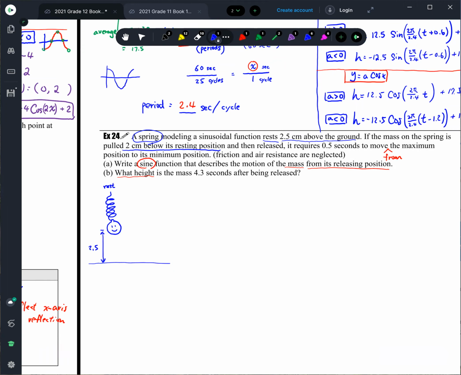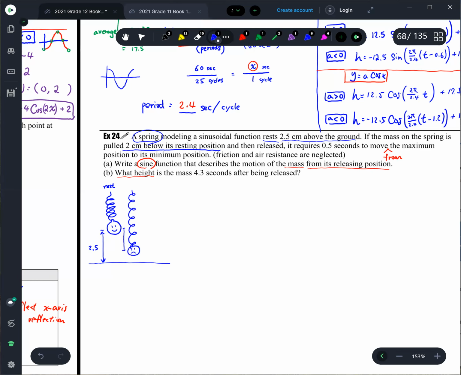So the spring will be stretched, right? Okay, so it'll be hanging here, being pulled down by 2 centimeters. So it's talking about this part, that's 2. Okay, we'll pull it down by 2 cm.